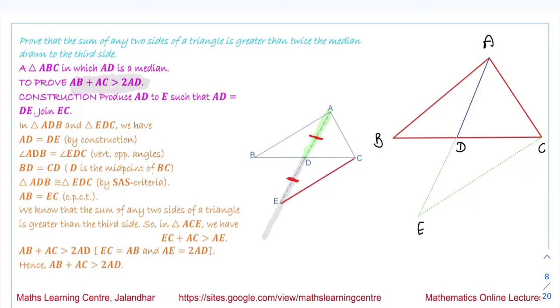Now if we look at the triangles over here, one is the triangle ADB, and the second triangle we are talking about is EDC. If you are looking at these two triangles, what we have is that these two sides are equal, this side and this side.